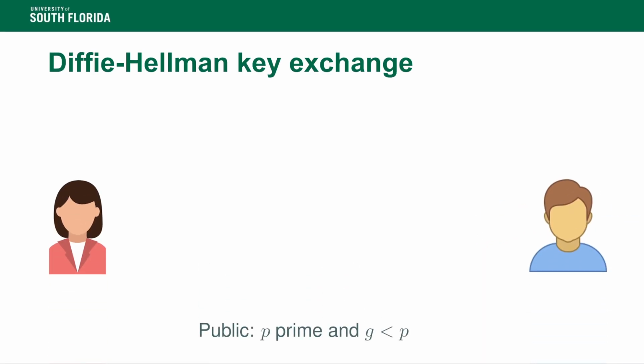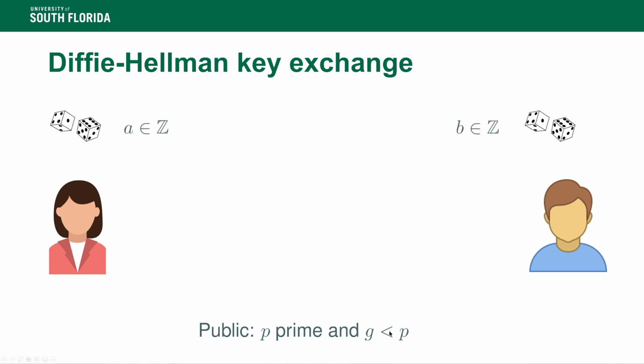You have two players, Alice and Bob, and the goal of Alice and Bob is to create a shared secret key that they could use with a symmetric encryption scheme to communicate with confidentiality. The public parameters that everybody knows, including the adversaries, is a prime p and a g less than p.